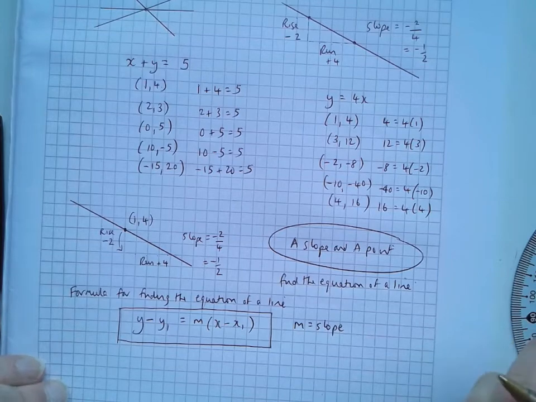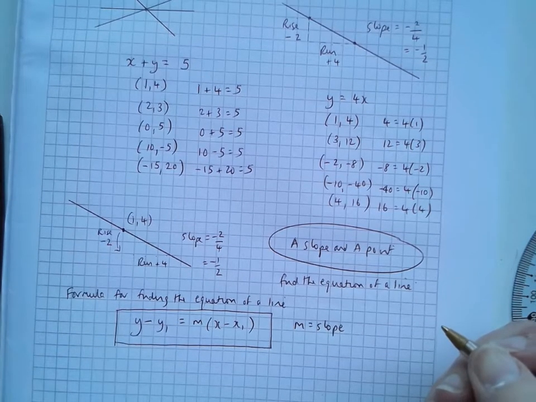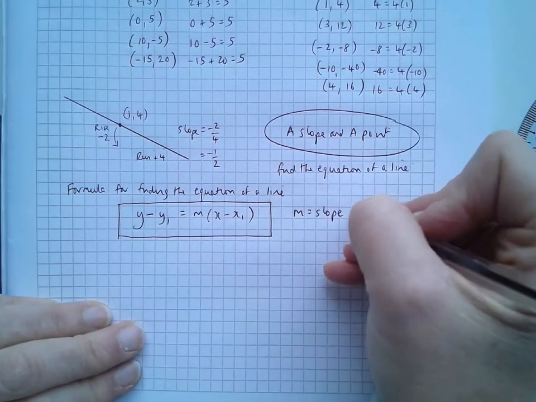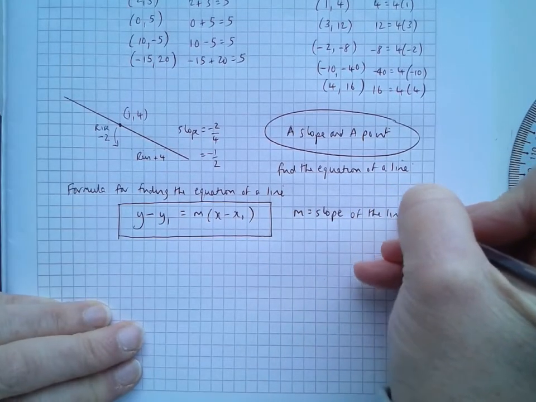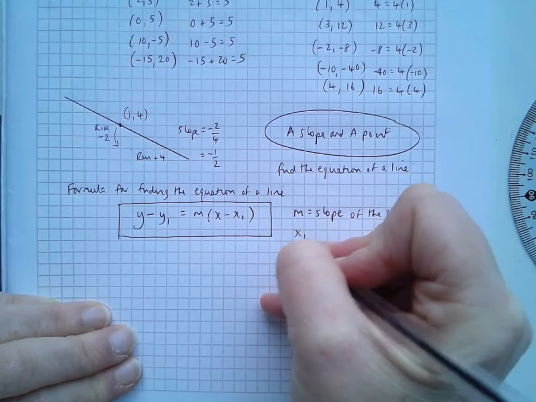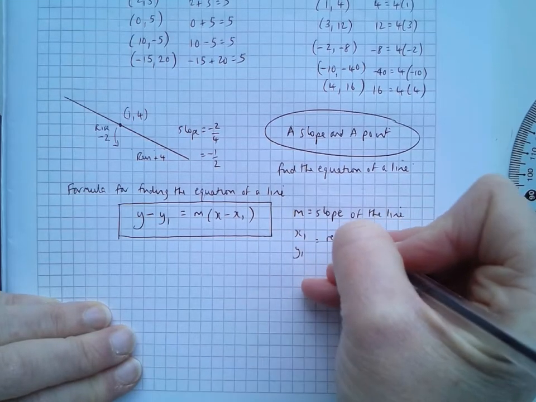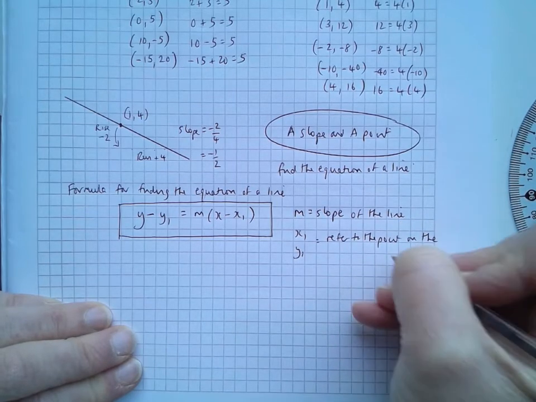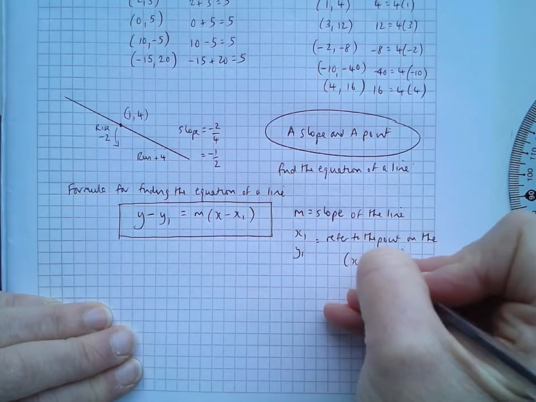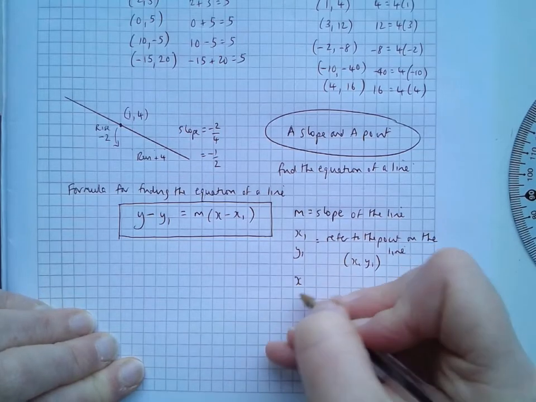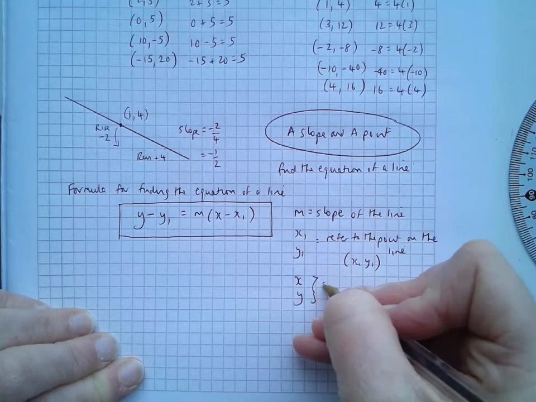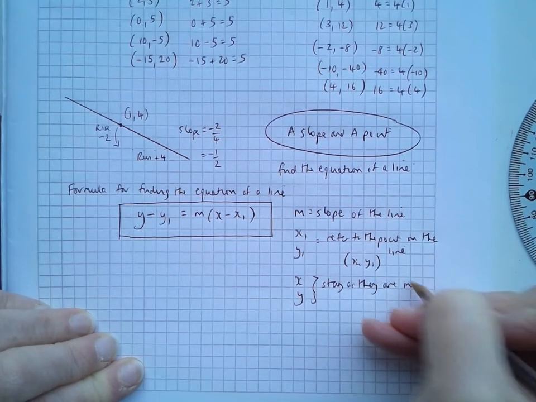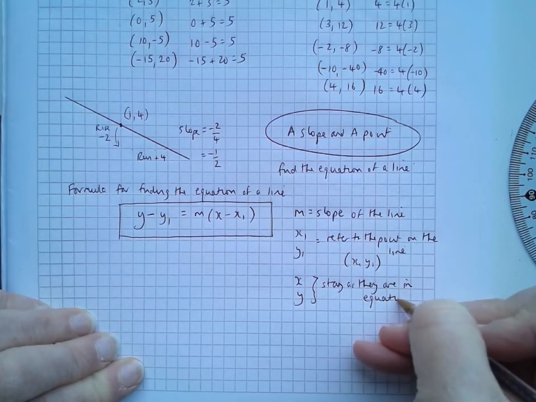So whatever is in our equation, the m refers to the slope of the line. x1 and y1 refer to the point on the line. And the x and the y stay as they are in the equation. You don't sub anything in for those.